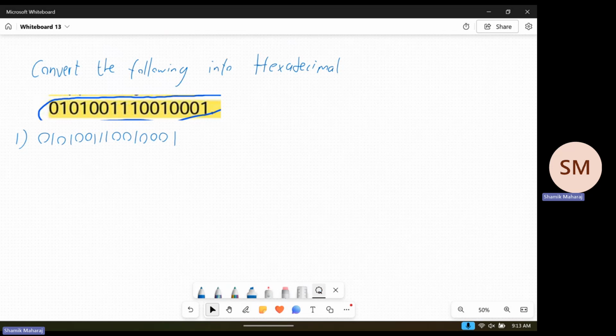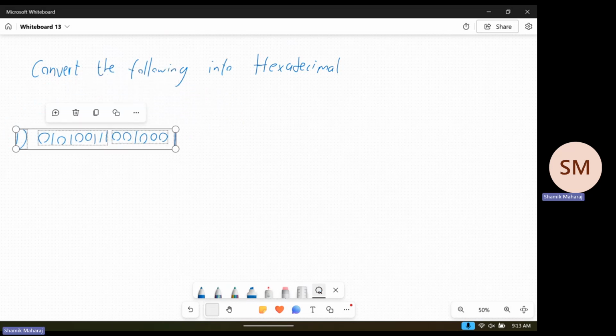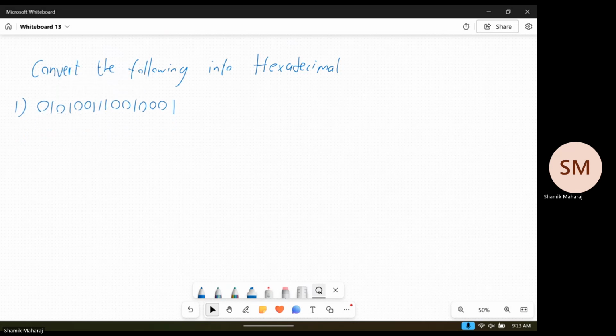Okay, because this here looks terrible. Let's take that out. Let's move that up. Okay, so convert this number into hexadecimal.